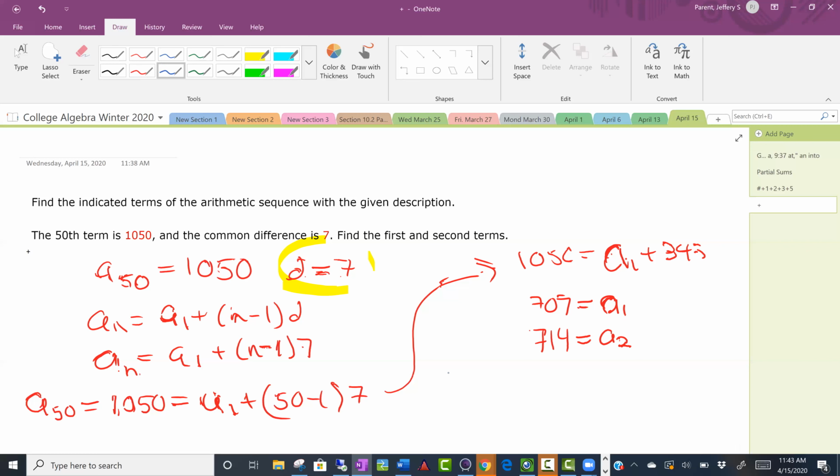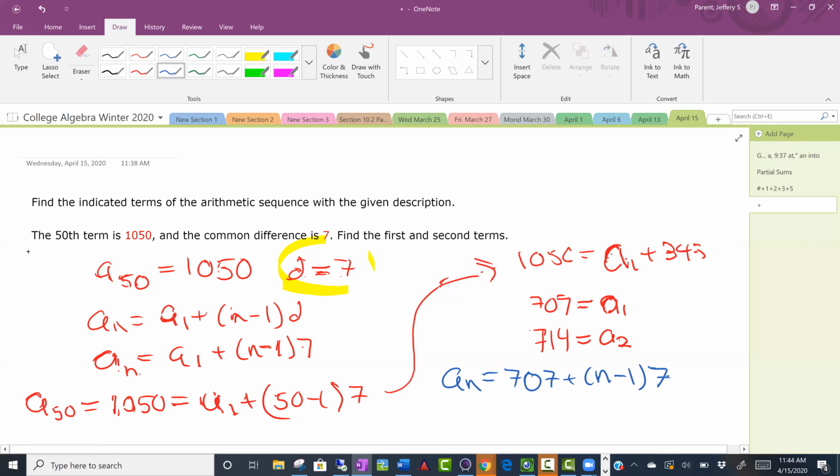I mean, once we have a sub 1, we know what the formula is altogether. So altogether, it's a sub n equals a sub 1. Actually, I shouldn't put a sub 1. I should just put 707 plus n minus 1 times 7.